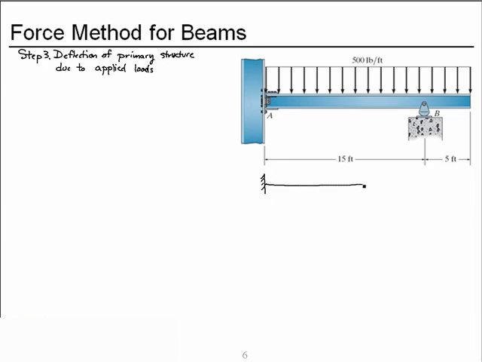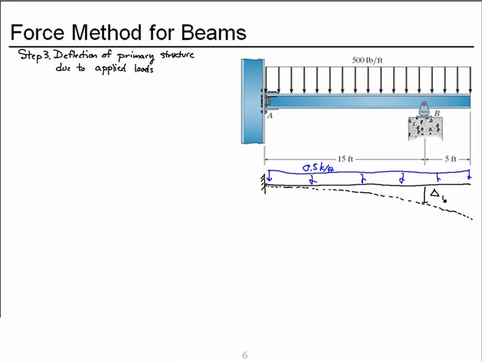The primary structure is a cantilever beam with the uniform distributed load. And it will deflect downward and produce a deflection at B we'll call delta B.